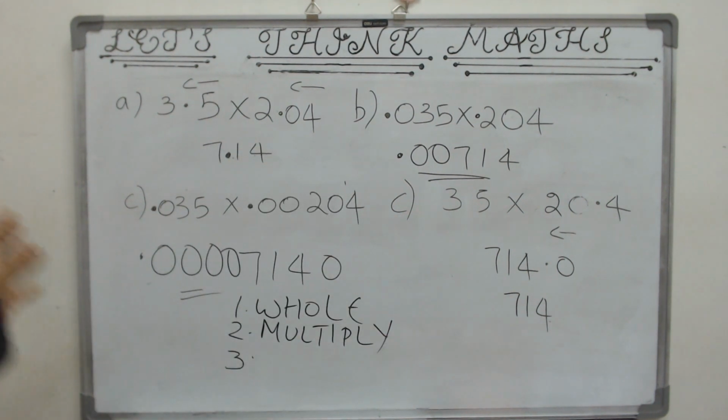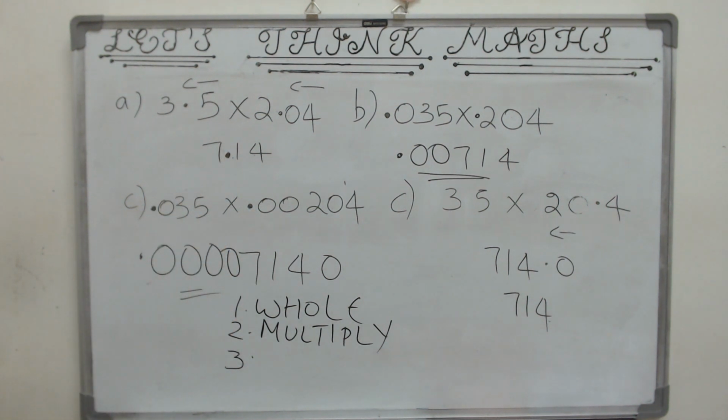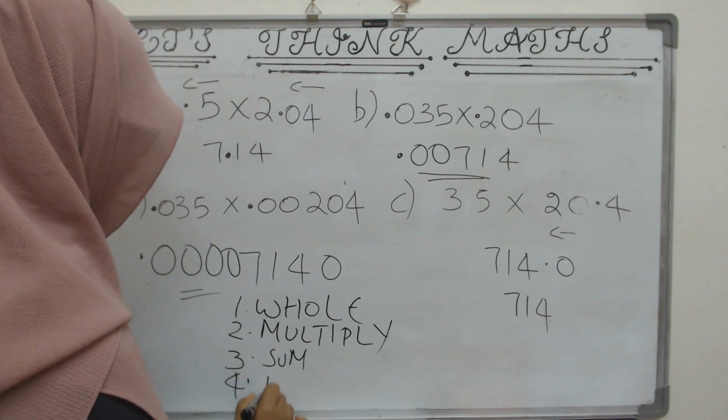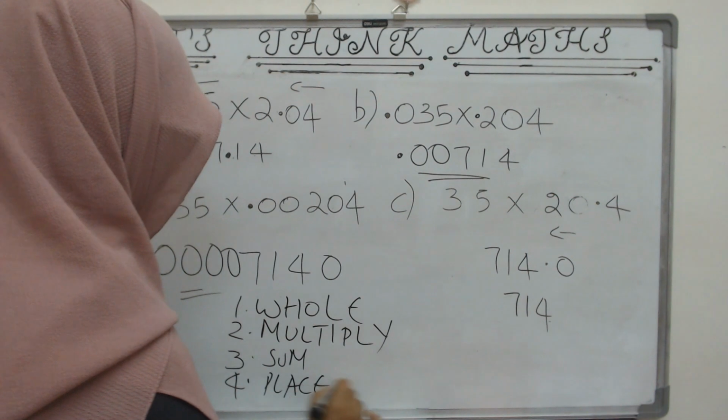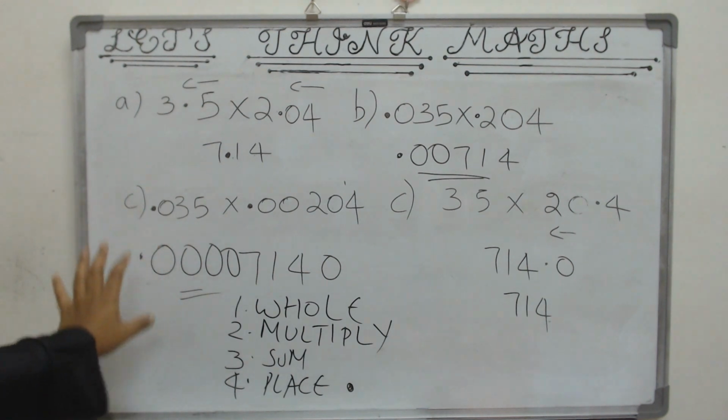You take the sum of all the decimal places of the numbers you are multiplying. Here we are multiplying only 2 numbers, but as many decimals as you are multiplying, just find the sum of all their decimal places. That is the third step. Then fourth, you have to place the decimal point in the answer. That is all. Finished. You have got your answer.